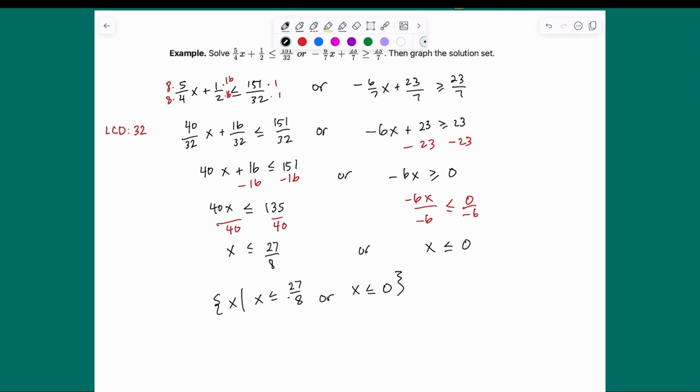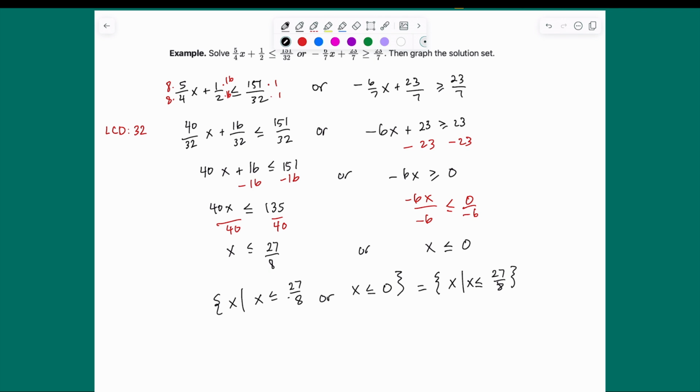Now, every number that's less than 0 is also going to satisfy x is less than or equal to 27 over 8. Therefore, the set builder notation can simplify to x is less than or equal to just 27 over 8, because x less than or equal to 0 is redundant, since every number less than 0 is also going to satisfy that inequality.